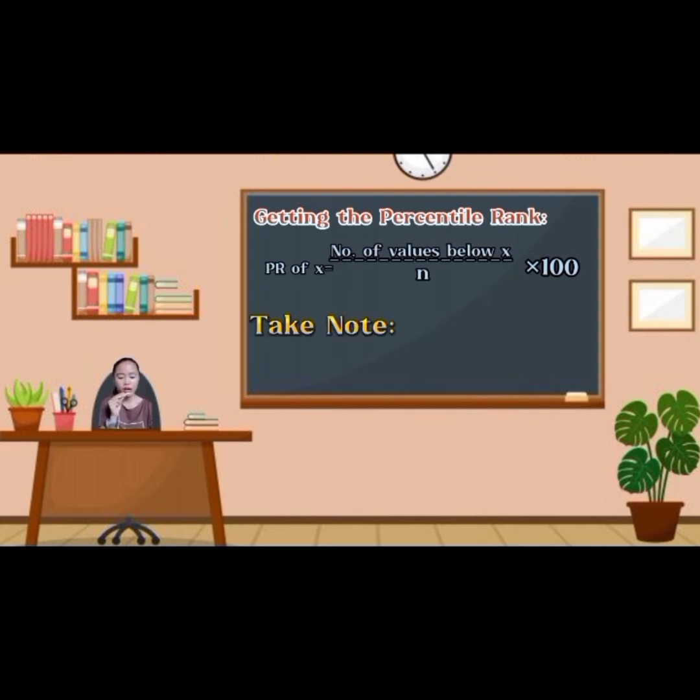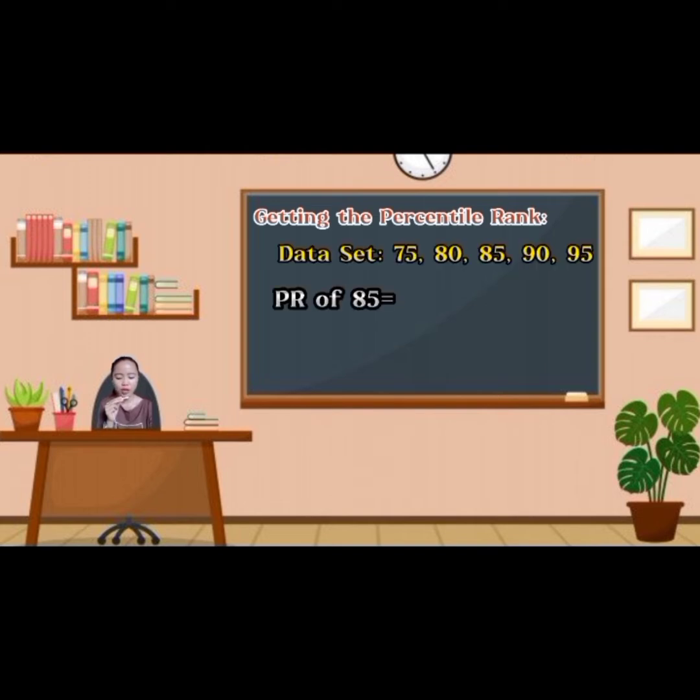Take note, the percentile ranks are the ranks, not the scores. So PR of 85 equals 2 over 5 times 100. The 2 are the scores below 85, which are 75 and 80.